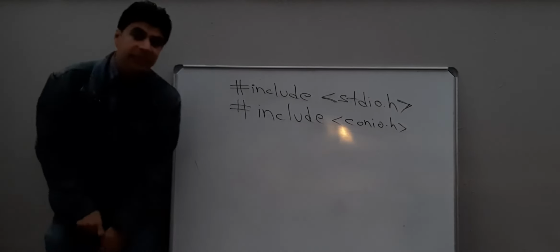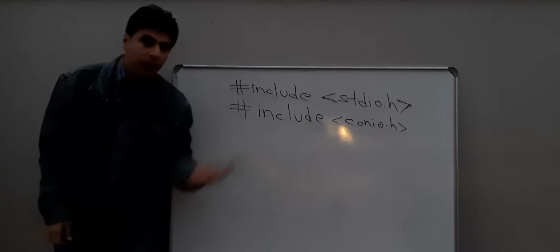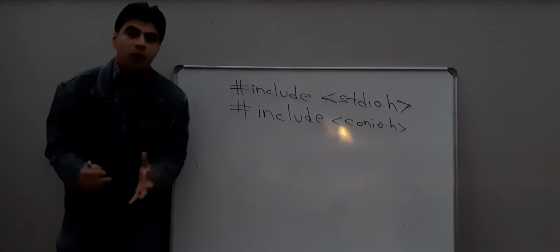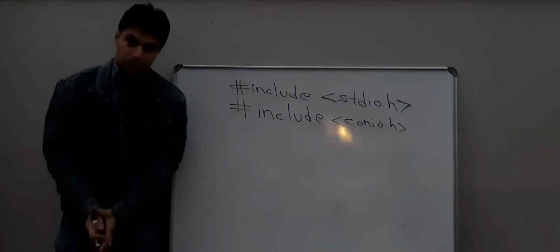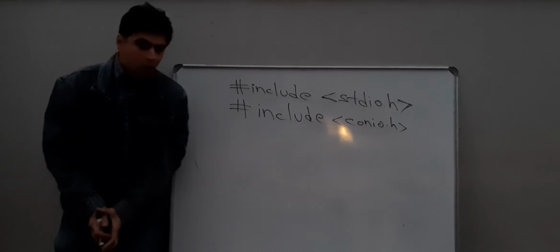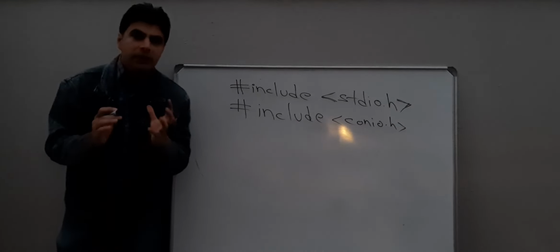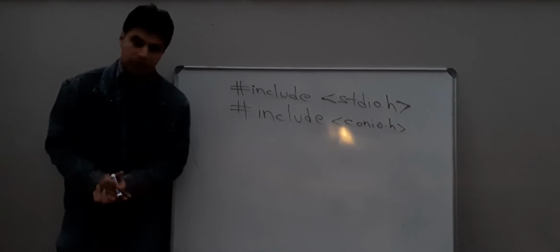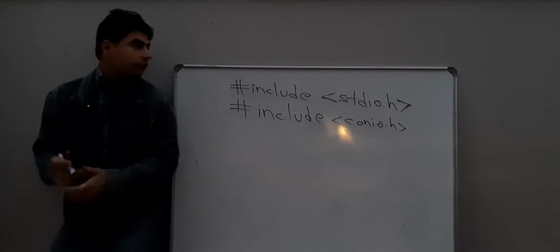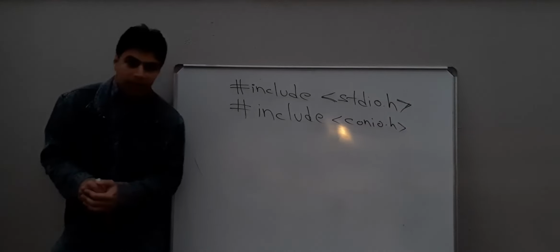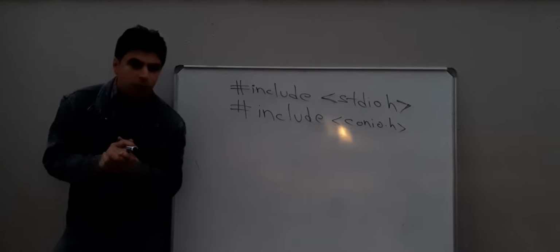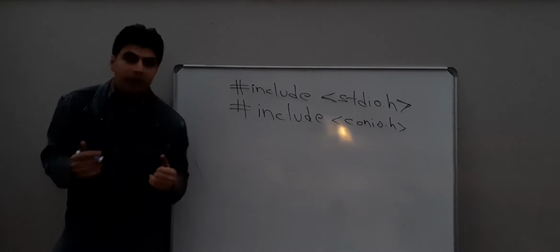So the first line is include stdio.h. What is stdio.h and what are we including here? Remember, I told you C is all about functions. C has lots of functions. So when they built the C language, they created lots of functions for different purposes. And then they put all those functions' programming into header files.